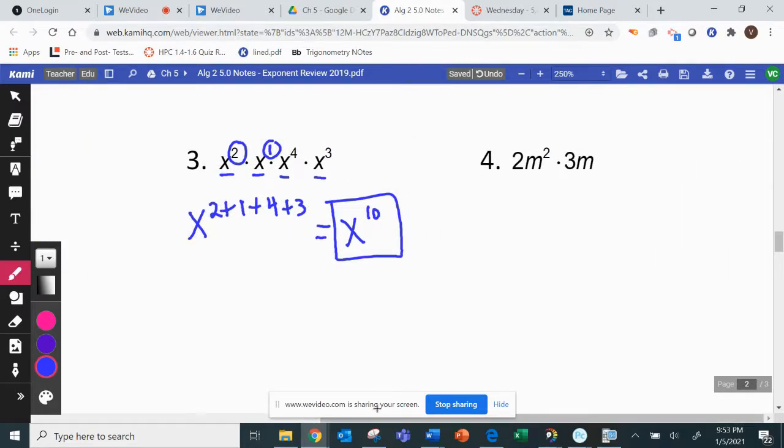Okay, we've got a product. In this product, we can do 2 times 3, and we can do m squared times m. So 2 times 3 is 6. Here I've got like bases, so I can add their exponents. There is a 1 on that m. So I get 6m to the 3rd.